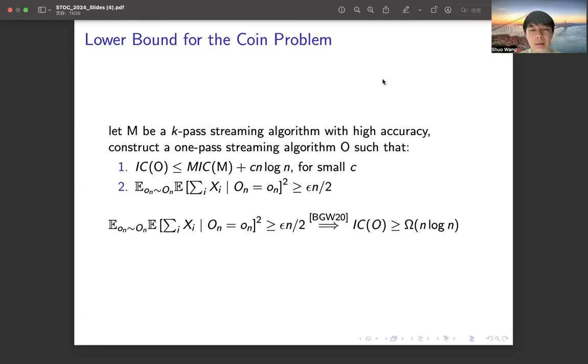And by the main theorem proposed in BGW, they showed that if the variance is relatively small, which means the one-pass streaming algorithm O could also compute the majority, it would imply the one-pass information complexity for O is bigger than omega n log n. And together with the first statement, we know that the multipass information complexity for M is also bigger than omega n log n.